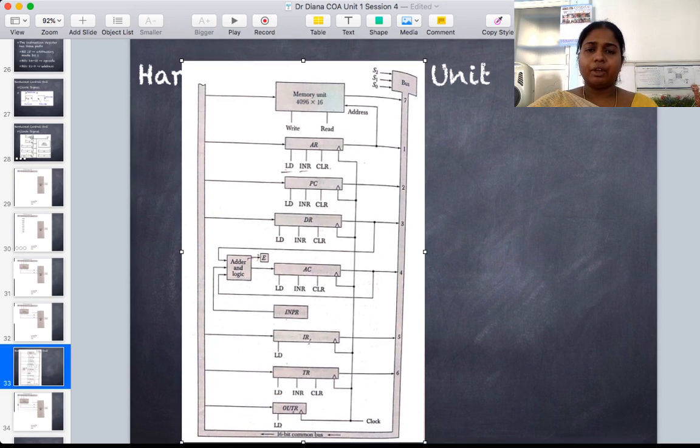So if 7 is passed on to the bus, the memory unit will receive that control signal, and when the memory unit is activated, whatever data it has got, it will put inside the bus. And whatever data is inside the bus, the accumulator will take in if the load signal is sent high.